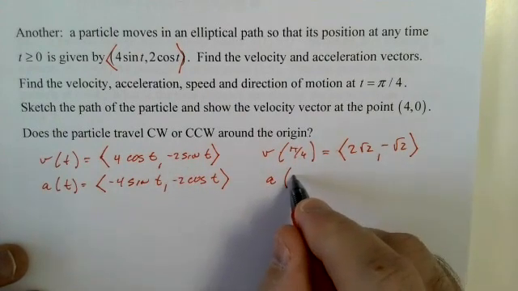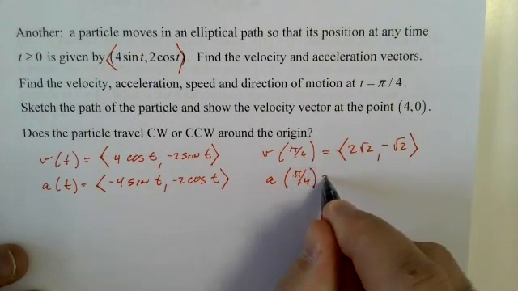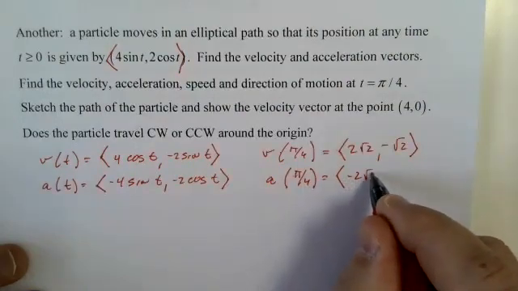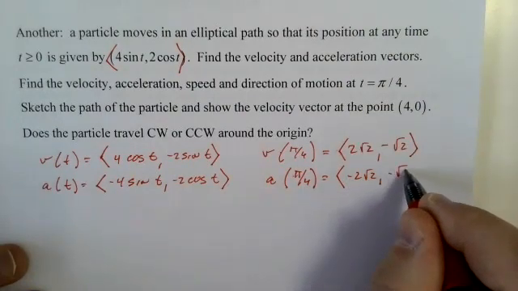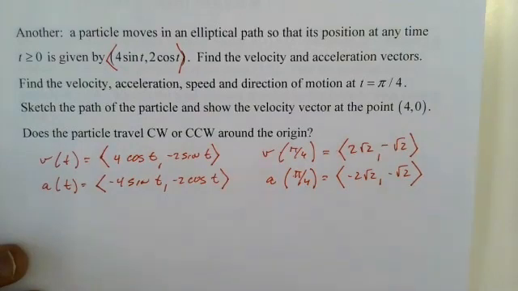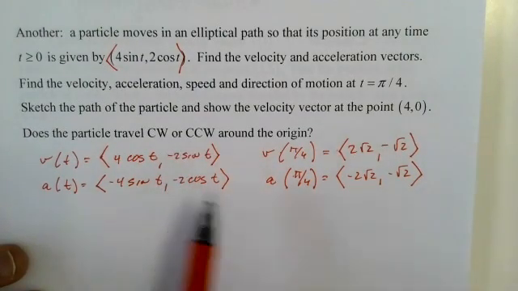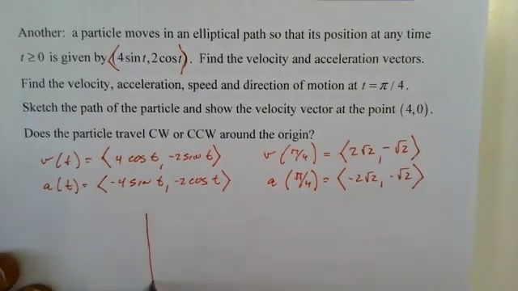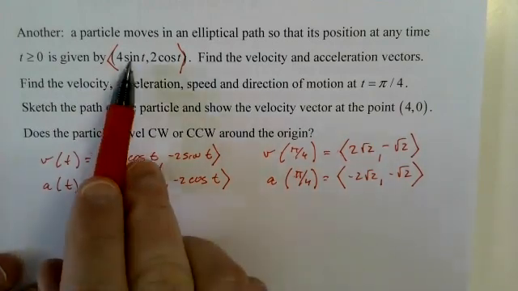Acceleration is negative 2 root 2, negative root 2. Notice that the velocity and acceleration are the same. Well, that's just at a point in time. Really doesn't matter. Okay, so sketch the path. Well, we need the original.